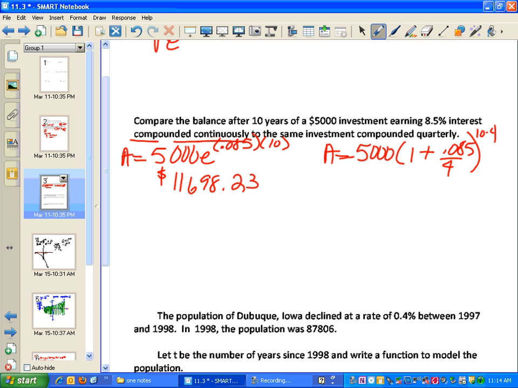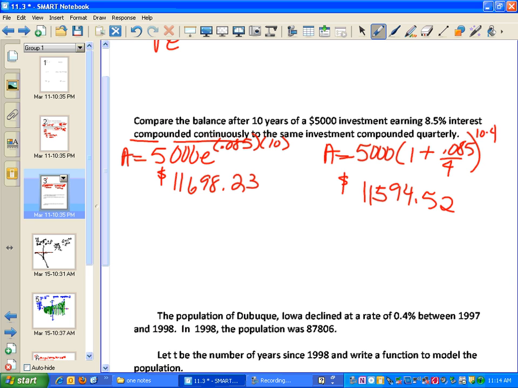We want to see the difference and how much you make. So 1 plus .085 divided by 4, to the 40th power, times 5,000 gives me 11,594.52.